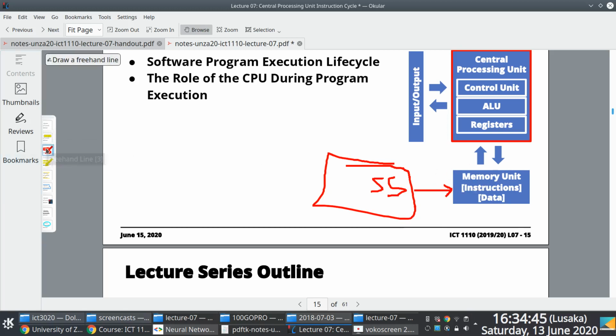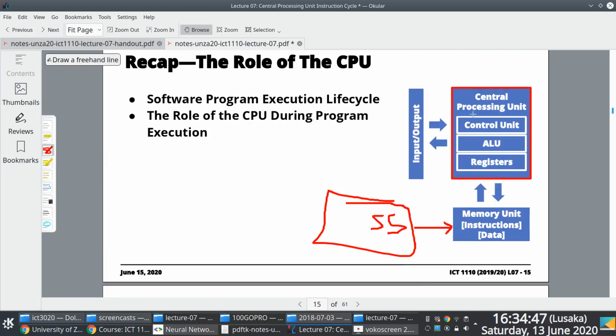It is from RAM where the individual instructions are executed by the CPU, one instruction at a time in sequence, right? Very important idea. And then the other thing we recapped in this portion of the lecture series is the role that the CPU plays in the execution of the program, right?